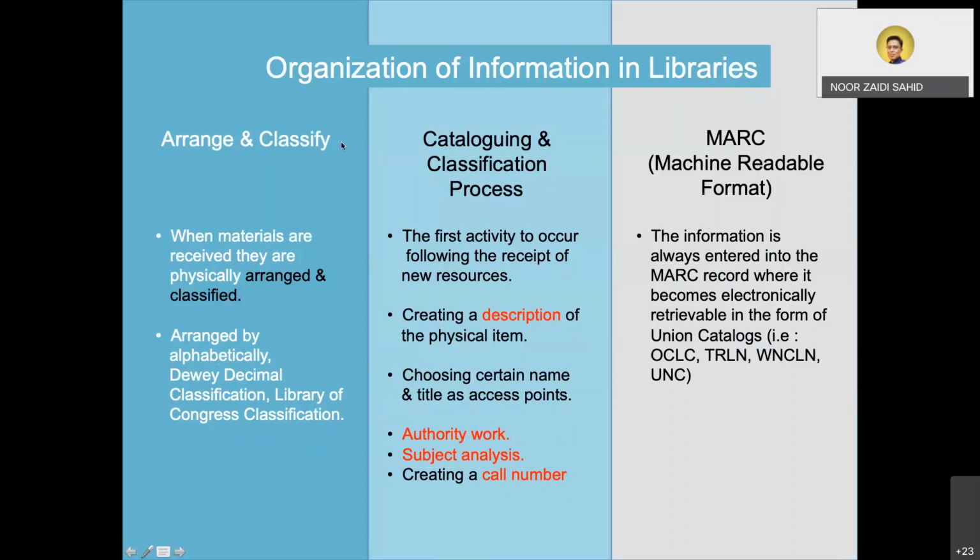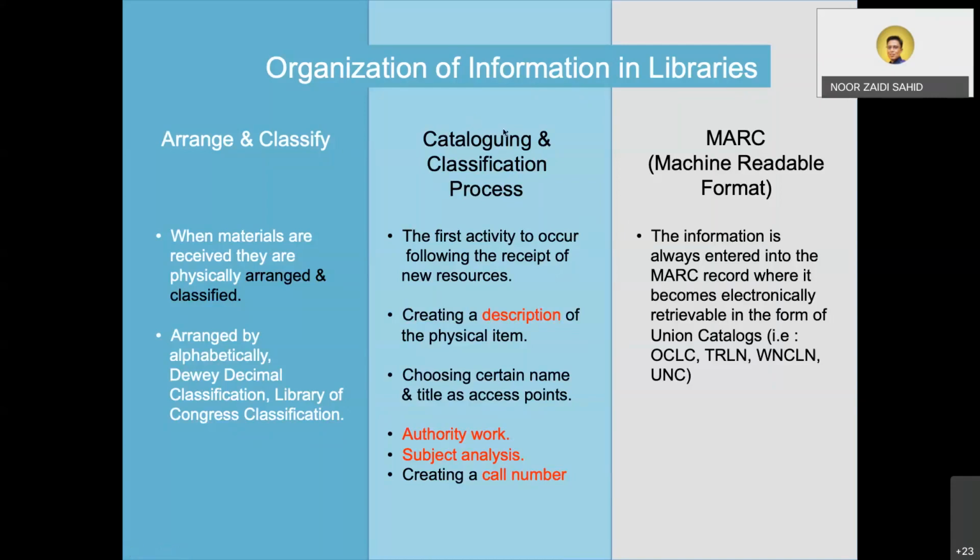Okay, process number 2, cataloging and classification. Cataloging and classification process. The first activity to occur following the receipt of new resources is to record your collection.